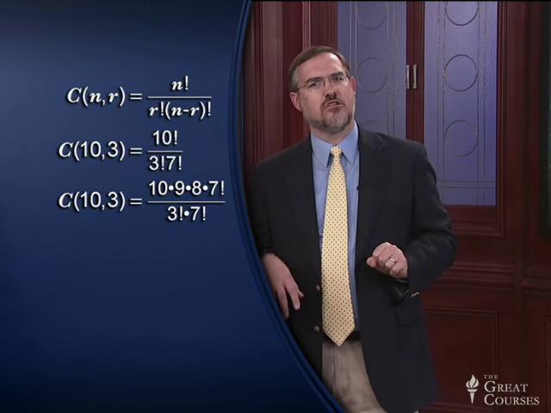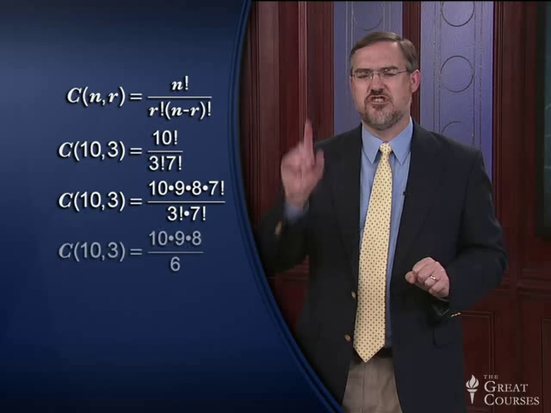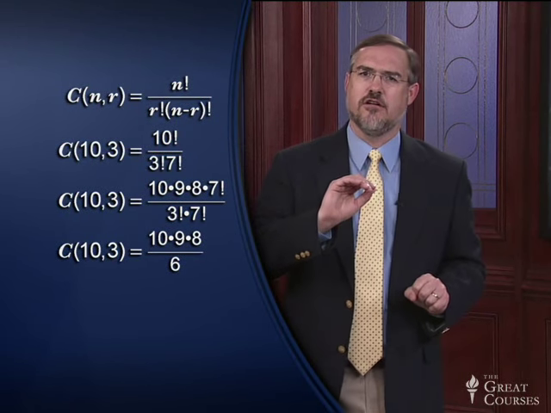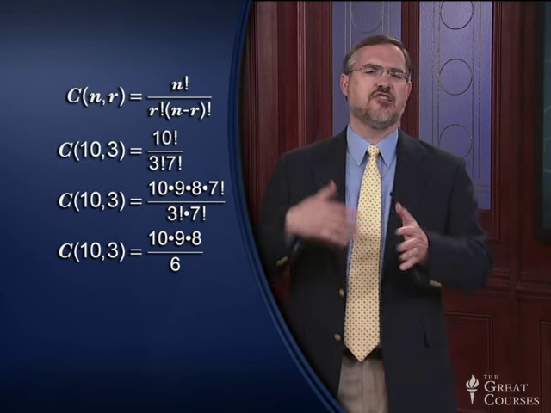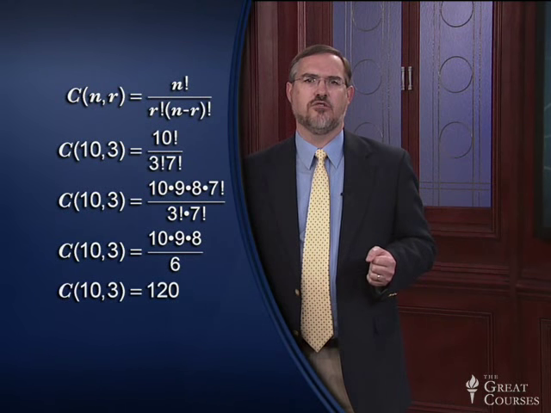And once you cancel those 7 factorials, you're left with 10 times 9 times 8 in the numerator divided by a 6, which is coming from the 3 factorial. And simplifying all of that, you get 120.